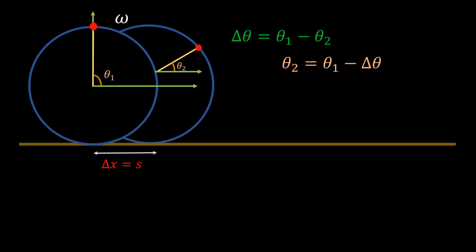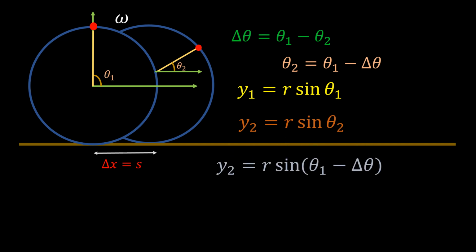The vertical displacement of the particle in the first instant is given by y1 equal to r sin theta 1, and the vertical displacement for the new position is given by y2 equal to r sin theta 2. But theta 2 is equal to theta 1 minus delta theta. Therefore, y2 is equal to r sin(theta 1 minus delta theta).